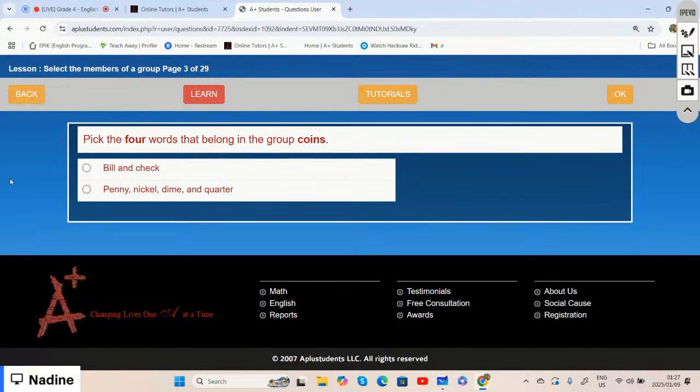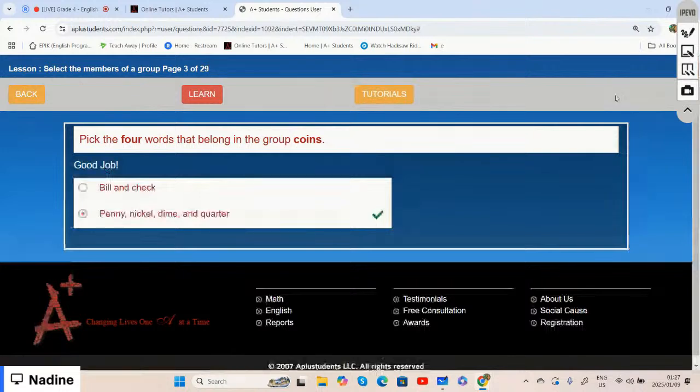All right, and if we were to choose the correct option, then yes, if we were to pick four words that belong in the group of coins, then it is a penny, a nickel, dime, and quarter. Well done.